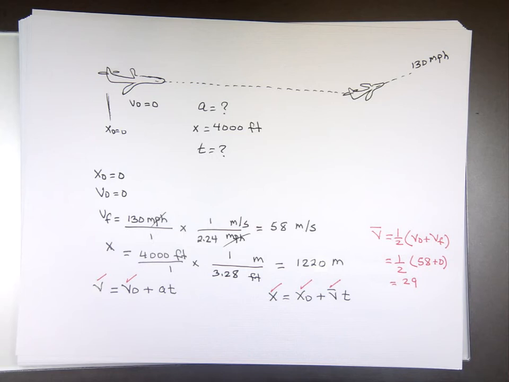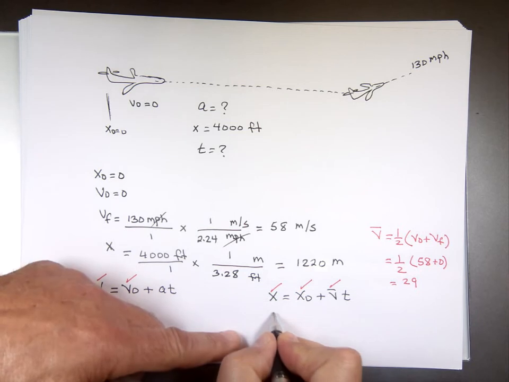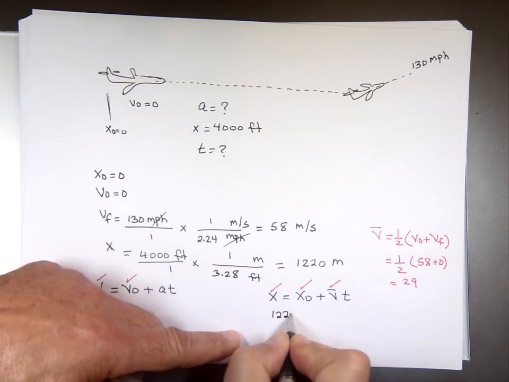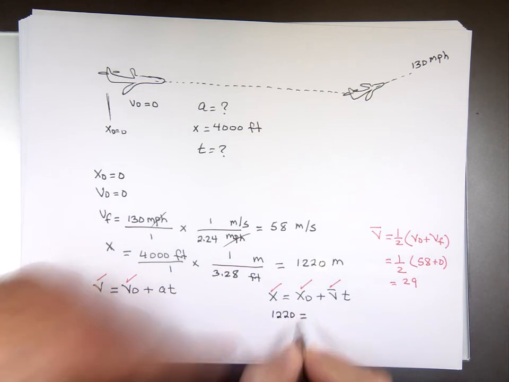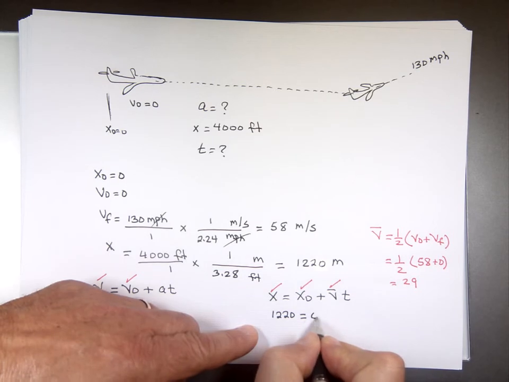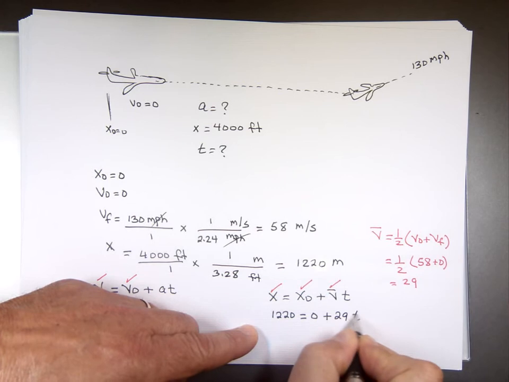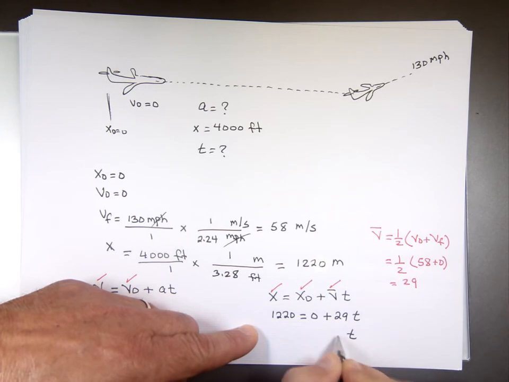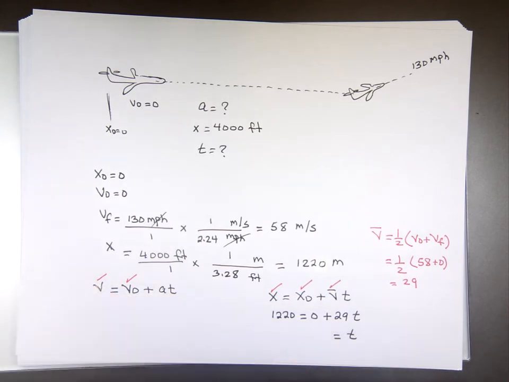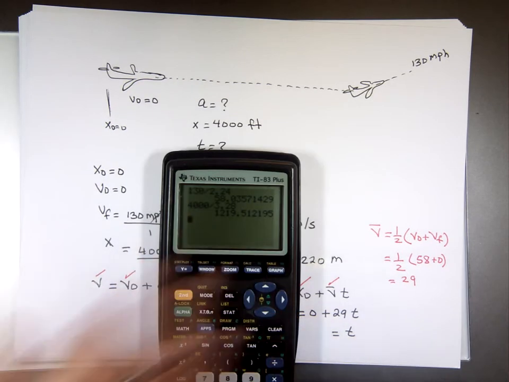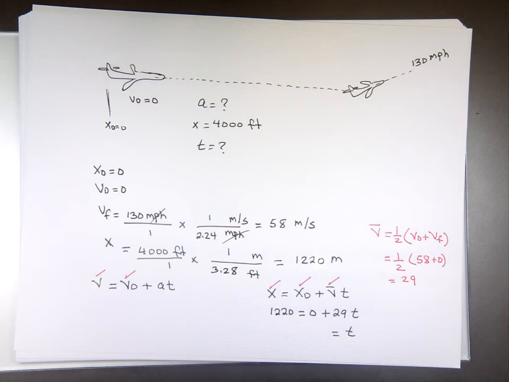So now I'll come back and I should be able to solve for T. I know what X is. 1220 equals X sub 0, which is 0, plus 29 times T. 1220, I still have the number on my calculator. I can use the whole number actually. Divided by 29 is 42 seconds.